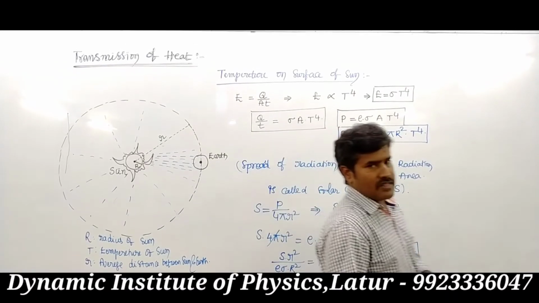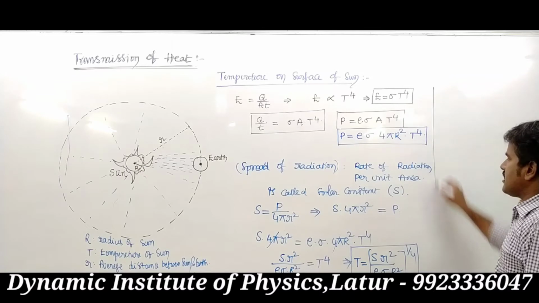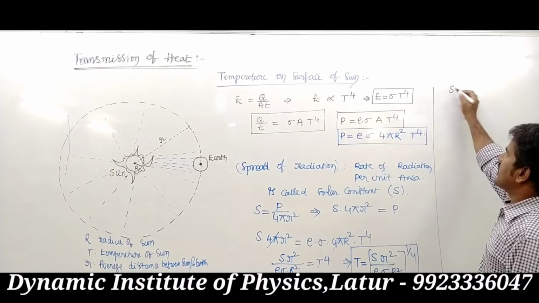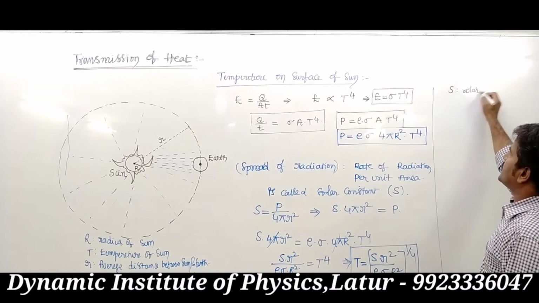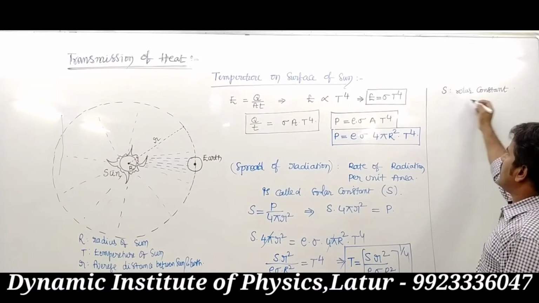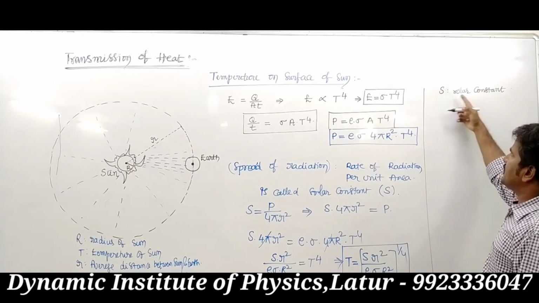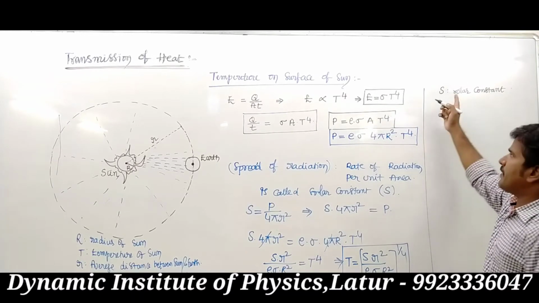So this gives the temperature on the surface of the sun, where S is the solar constant. S is nothing but the absorptive power, meaning the energy absorbed per unit area per unit time.